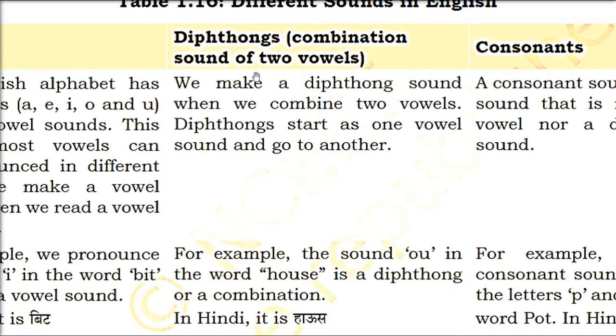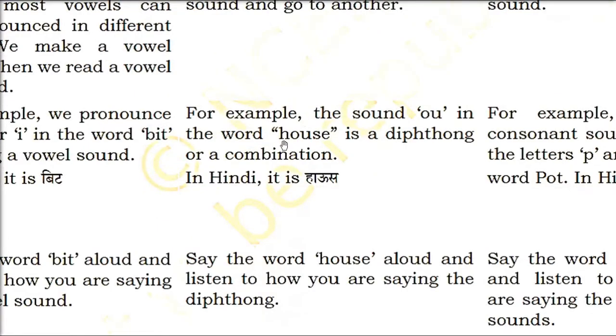Now coming to diphthongs. When we have different vowels or we combine two vowels together in any position of a word, it starts with one vowel sound and ends with another, like OU. House.